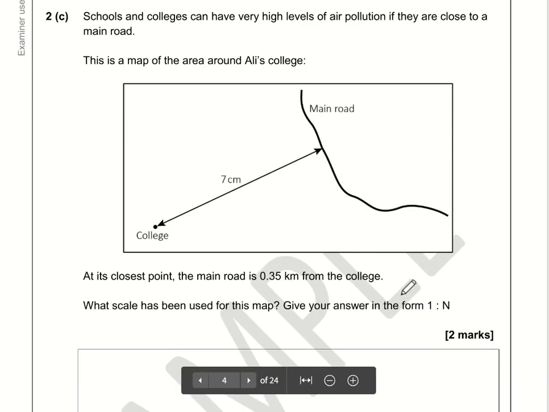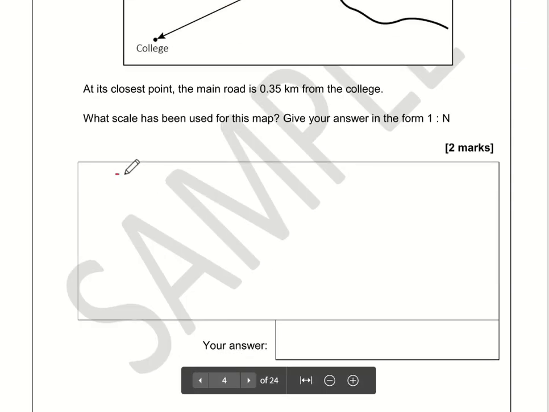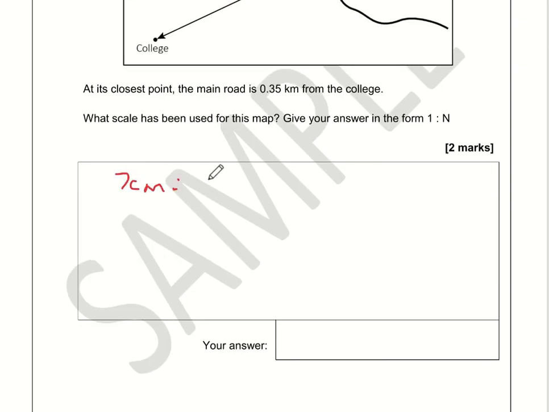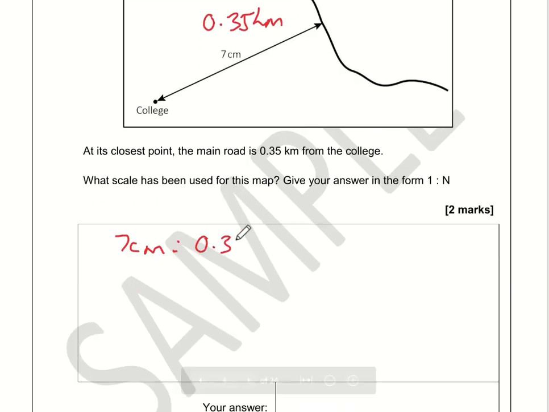Okay, so we know that 7 centimetres on the map represents 0.35 kilometres. So as a ratio, we can write it as 7 centimetres to 0.35 kilometres. Now, it's much more helpful if we can get this ratio in units that are the same.